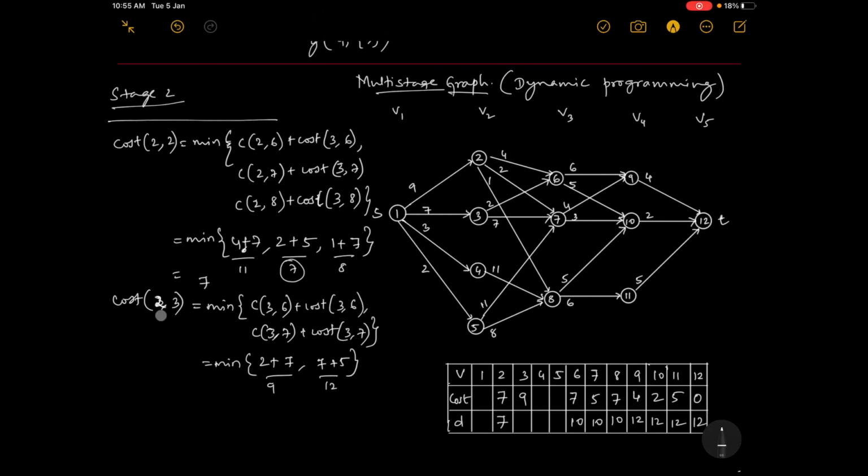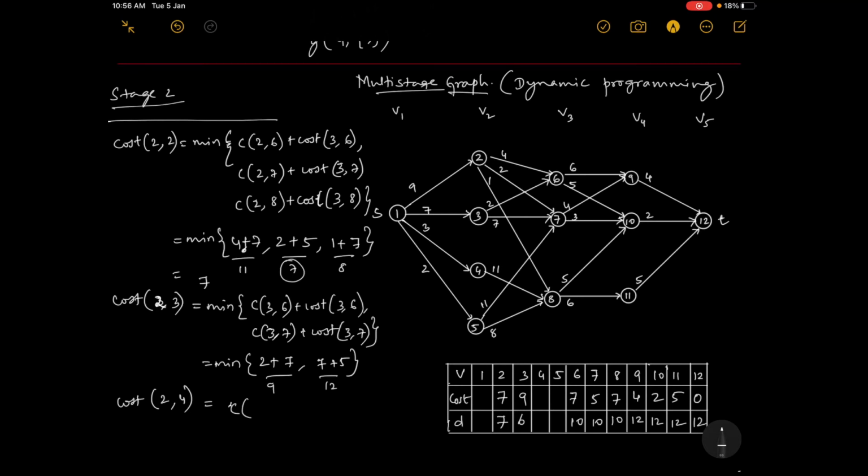So which has given us the minimum? This term, the first term, and the first term's vertex is 6. So 6 is the answer. Now cost of stage 2 vertex 4, it has only 1 path, so there is no minimum. You don't have to calculate a minimum.